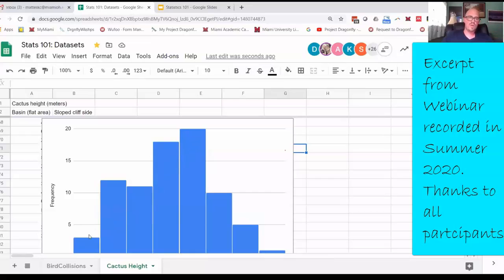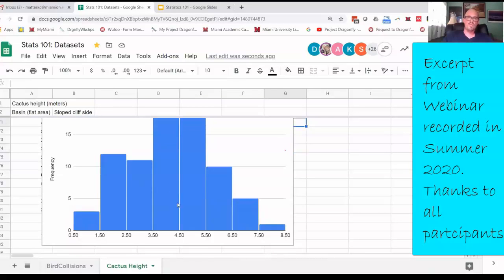It's never going to look like a perfect bell curve, right? But this is showing a normal distribution, where most cacti are between 3.5 and 4.5 meters tall. Some are from 4.5 to 5.5. There's a few very tall ones and a few very short ones. It's a normal distribution that these students identified.